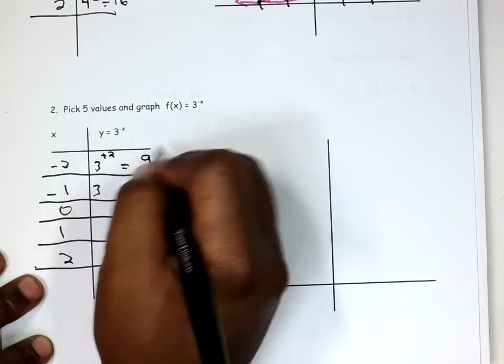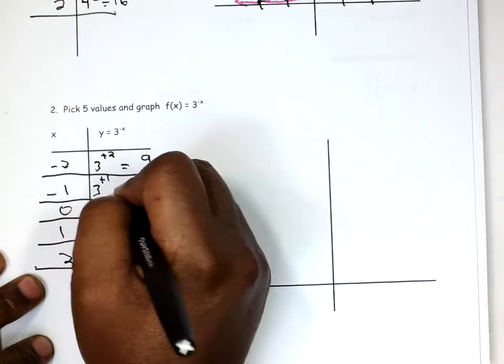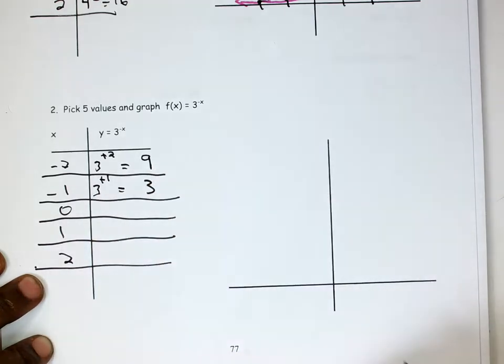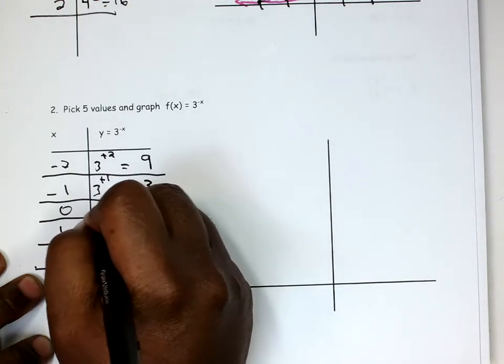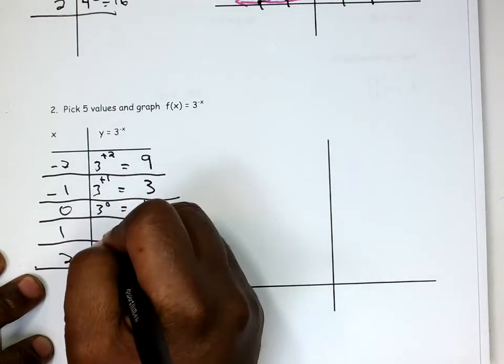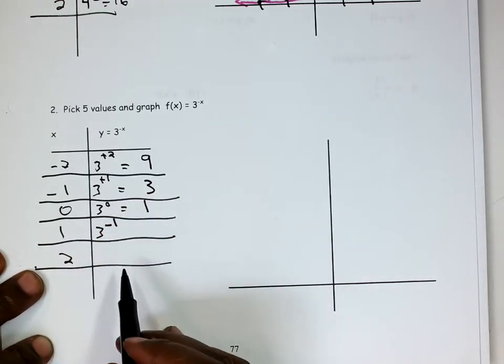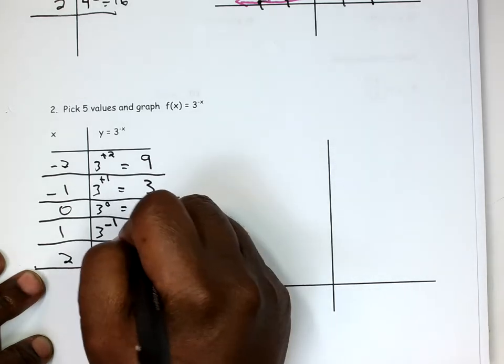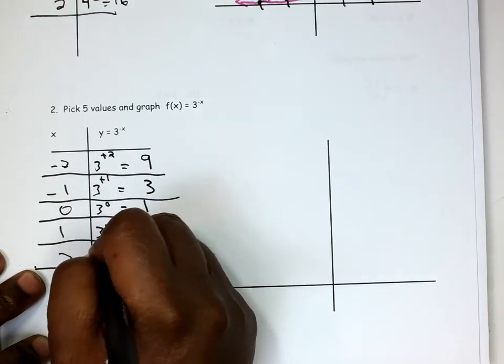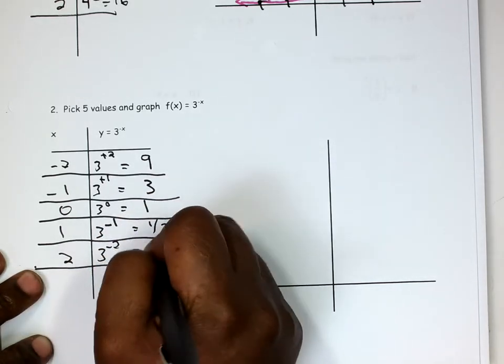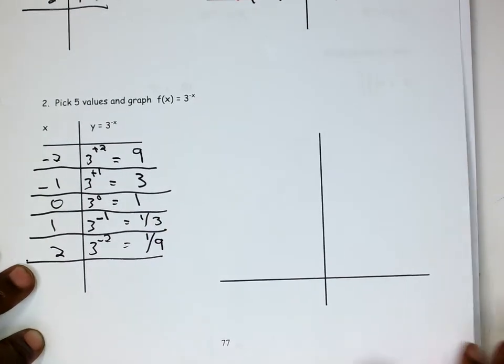And then 3 to the negative of negative 1, which will be a positive 1. So I get 3. And then 3 to the 0 is 1. And then 3 to the negative of 1, which is 3 to negative 1 is 1/3. And 3 to the negative 2 is 1/9.